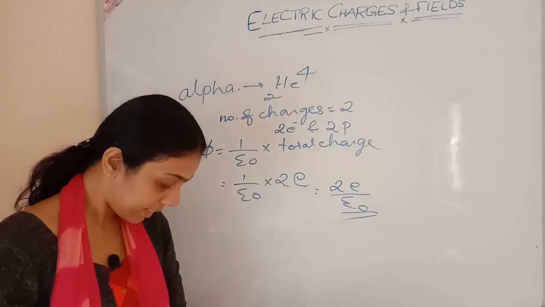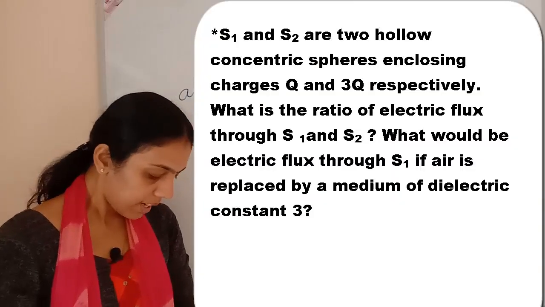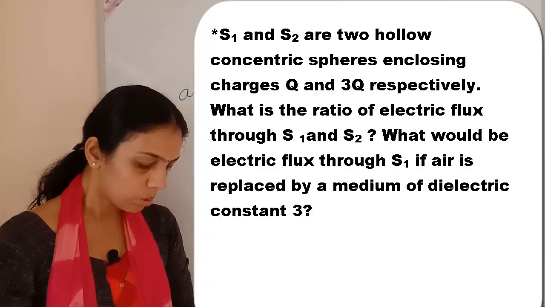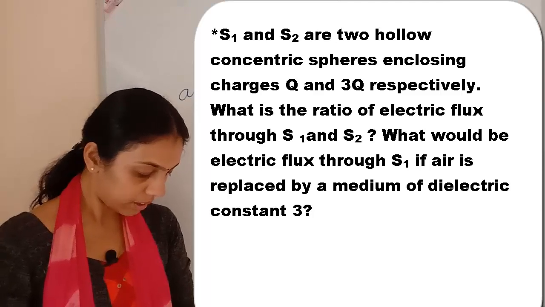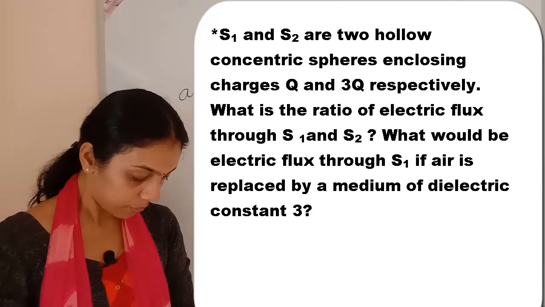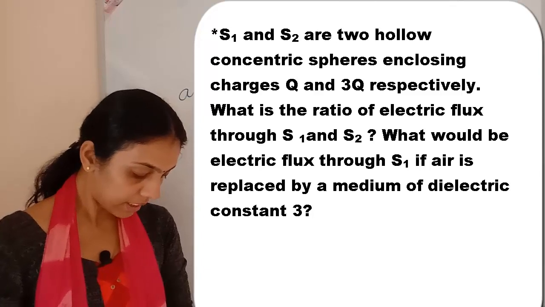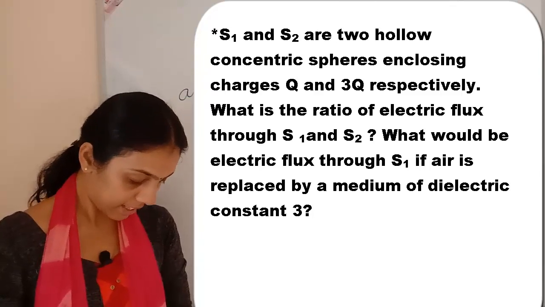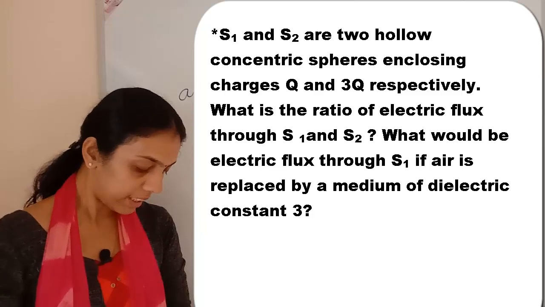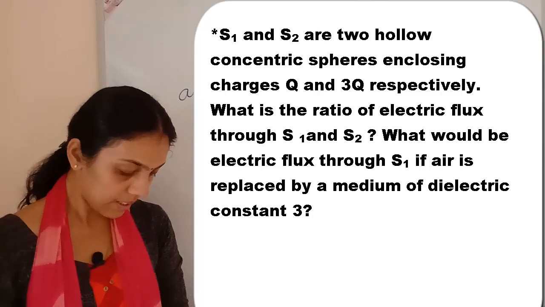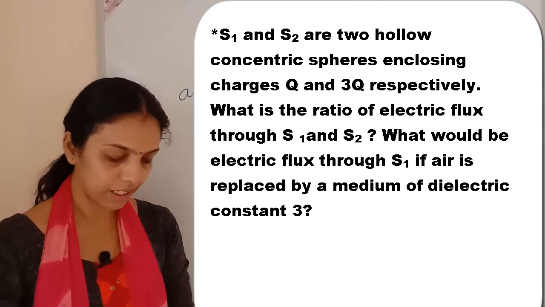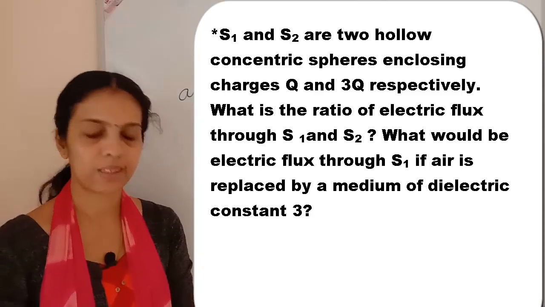Clear? So the next one is: S1 and S2 are two hollow concentric spheres enclosing charges Q and 3Q respectively. What is the ratio of electric flux through S1 and S2? What would be the electric flux through S1 if air is replaced by a medium of dielectric constant 3?